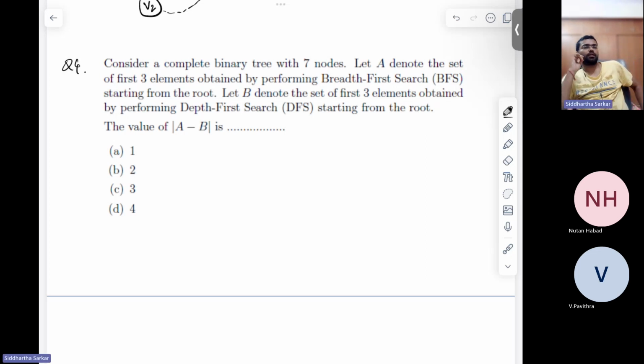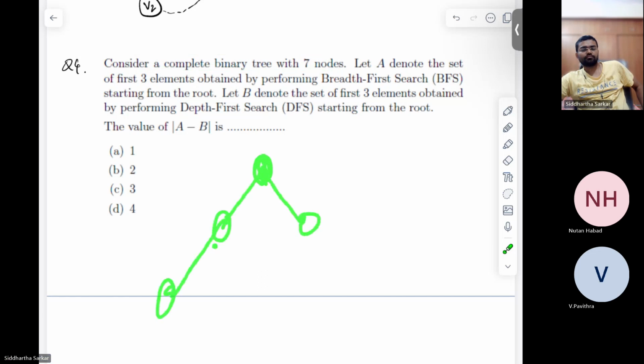So I would encourage you to give it a thought for some time. First, we'll draw one complete binary tree on 7 nodes. Complete binary tree means every vertex has 2 children, right?